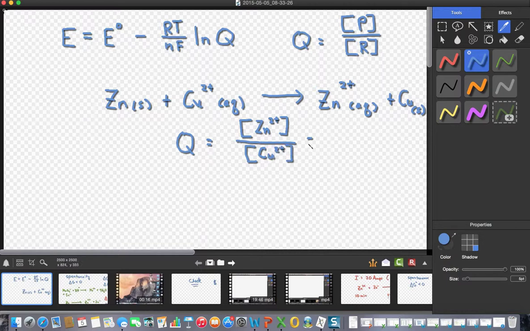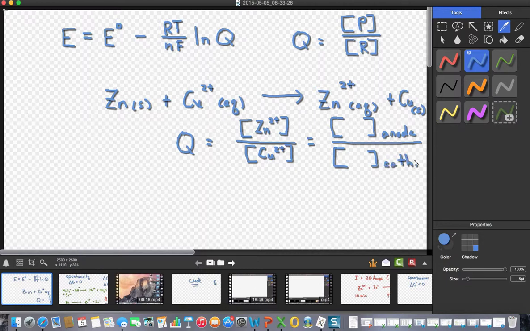In a more general sense, and of course this is subject to change when the complexity of the system changes, the concentration of ions or gases at the anode divided by the concentration of ions or gases at the cathode.